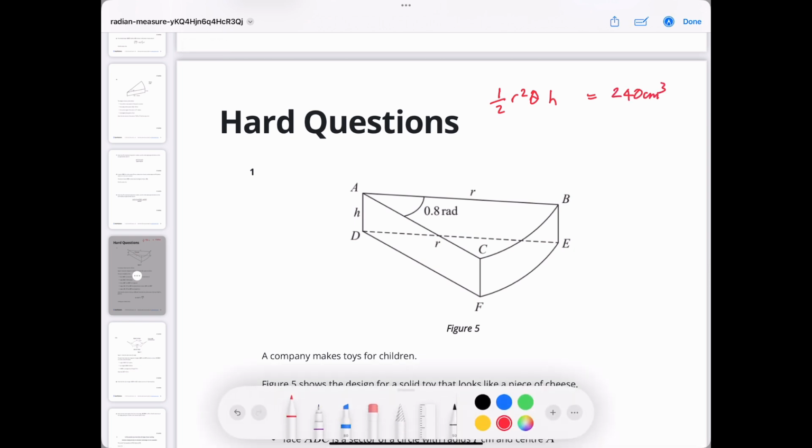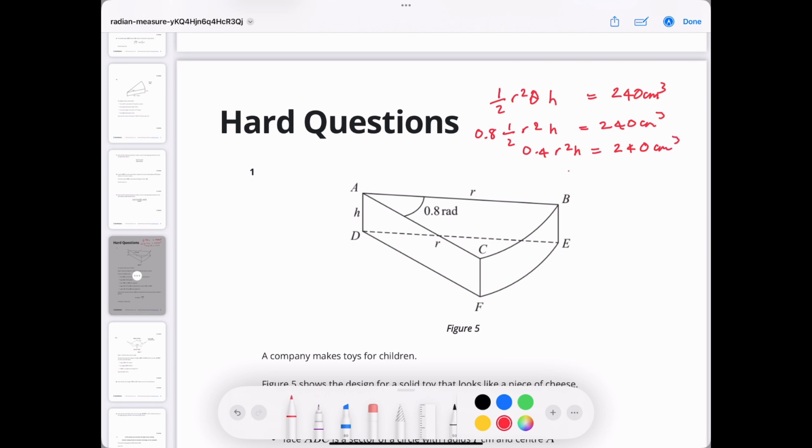And what else do we know? That's about it, really. So we know that half r squared times 0.8 times h equals 240 centimetres cubed. So that's 0.4 r squared h equals 240.